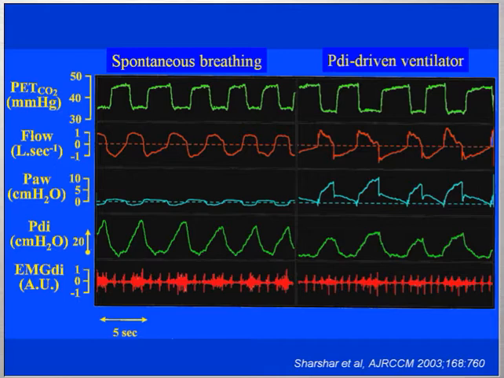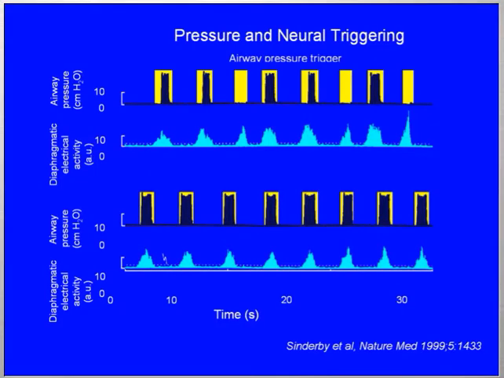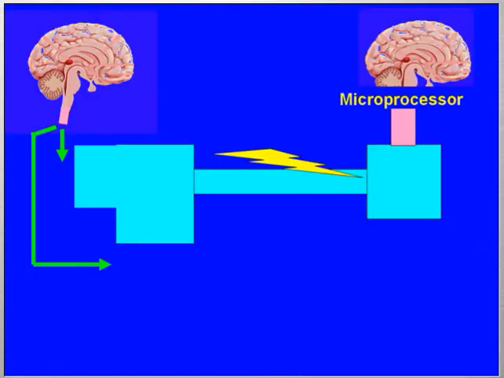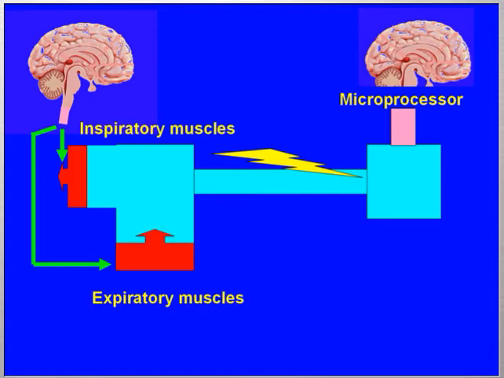But there are problems. This is a study done by Sharr, which used PDI tracings, and of course the work of Sinderby, which uses neural diaphragmatic EMG to essentially run the ventilator. They correct the non-triggering breaths without you having to make any changes to flow or PEEP or any such thing. So what we did was we improved the reflexes by these EMGs, but what we probably need to do is give the machine a cortex.